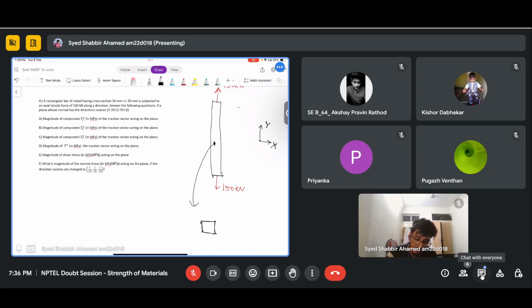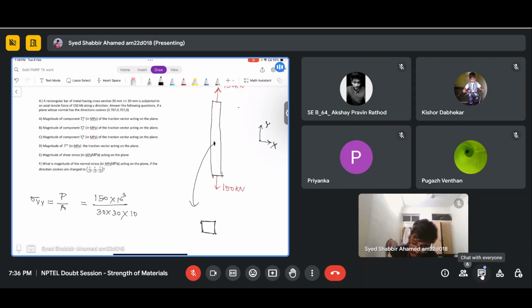On this, first let's calculate the stress due to the load applied. Because tensile load is acting in y direction, sigma y is equal to P by area. The cross section area is given, load is given. Just calculate 30 into 30.